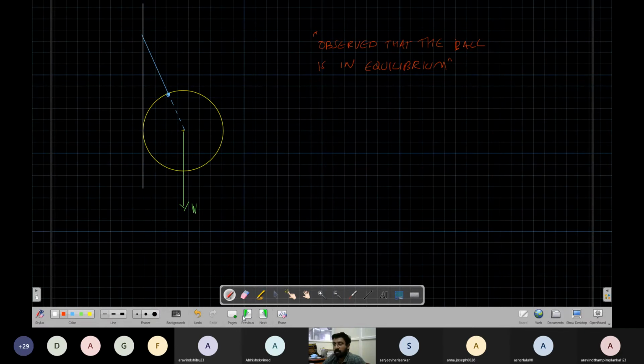Sir, isn't there a force from the center towards the left? Aksar is telling me there is a force from the center, center means here, from there towards the left. What is this force?